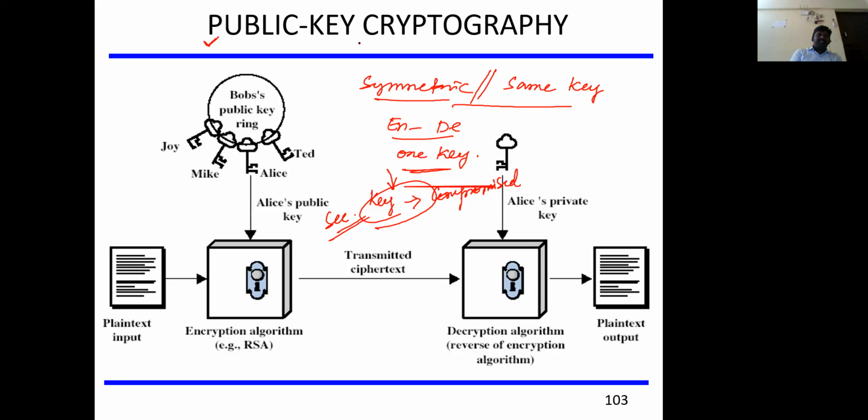When we talk about public key cryptography, this is completely different from symmetric key cryptography. Public key cryptography can also be called asymmetric cryptography. When we talk about asymmetric cryptography, there will be two different keys.